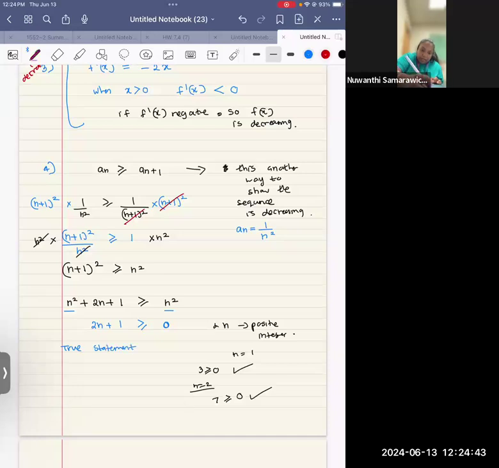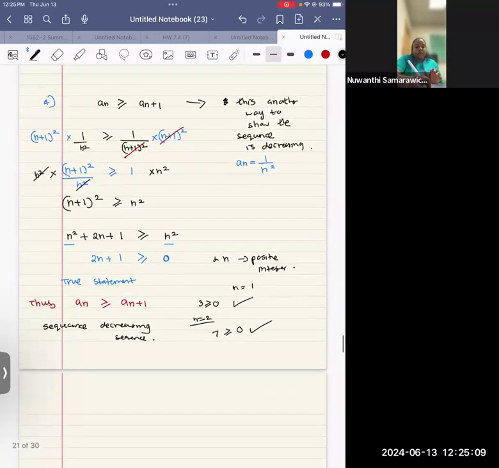Thus, we can say a sub n is greater than a sub n plus 1. Then by looking at this, we can say the sequence is a decreasing sequence, and we can say this is monotonic.